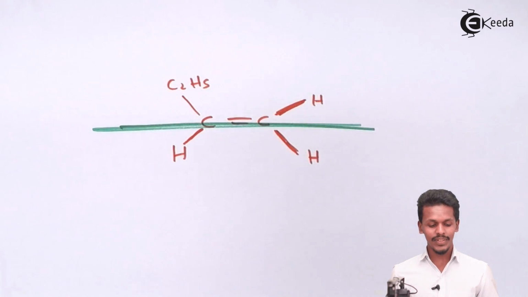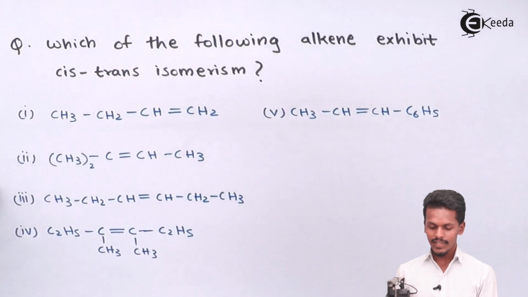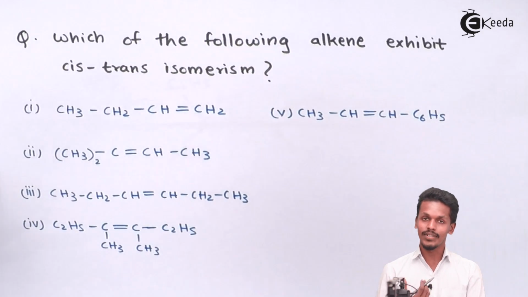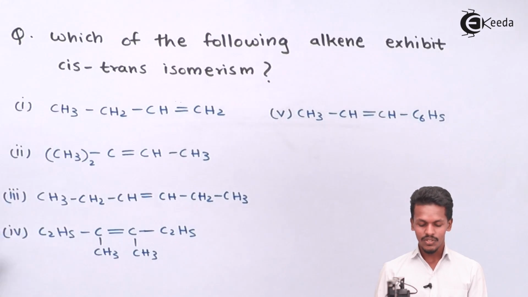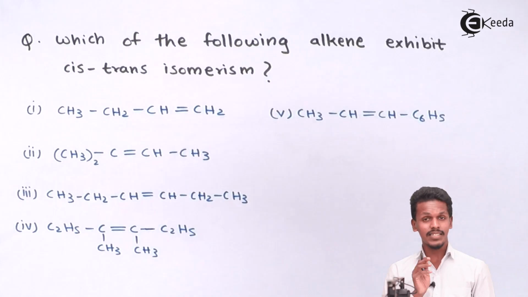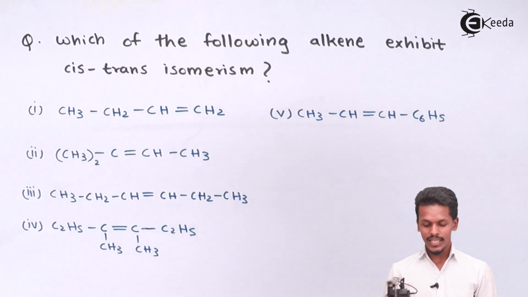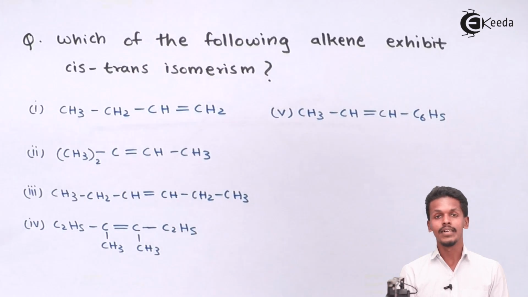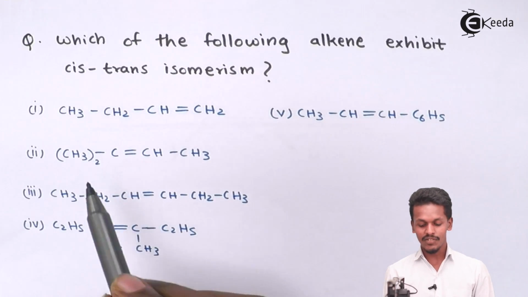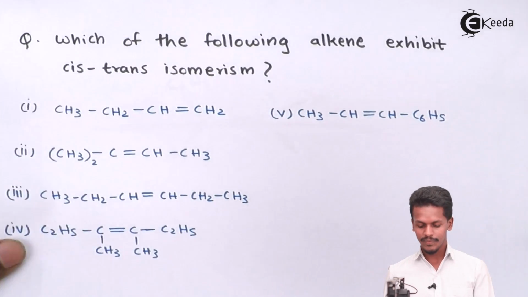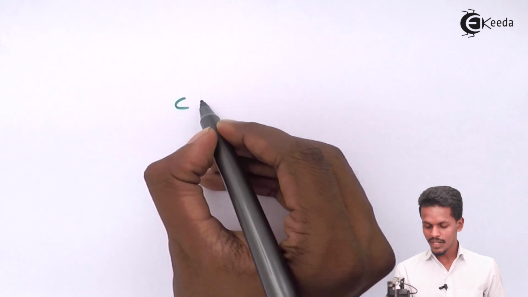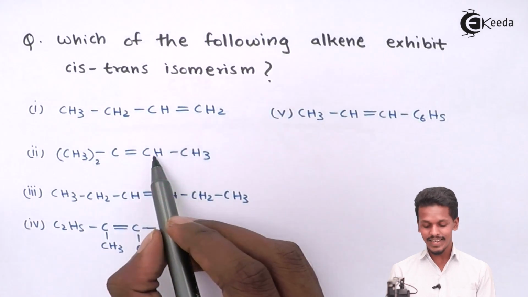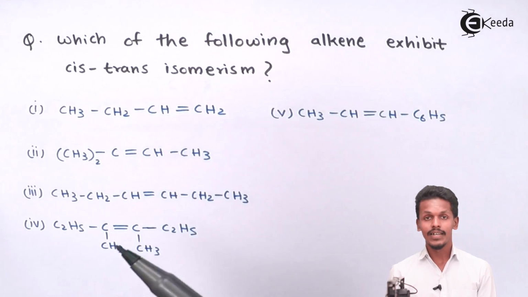So let us talk about the second one that we have, and let us see whether even this would show cis-trans isomers or not. For that we can draw the structure, and the thing we should do is always focus on the carbon-carbon double bond, because this is the only position where we could divide into 2 sections. So we write the carbon-carbon double bond over here, and on one side there is hydrogen and on the other side there is CH3.